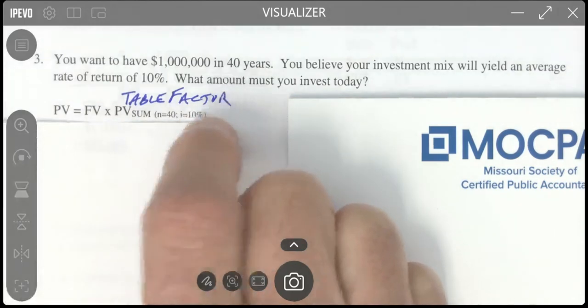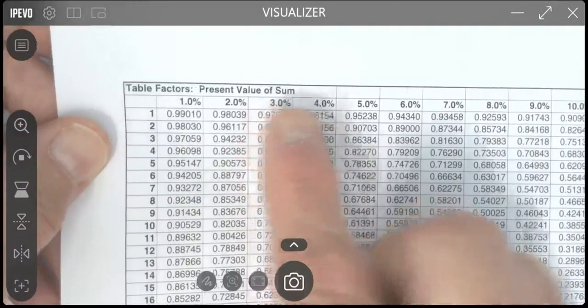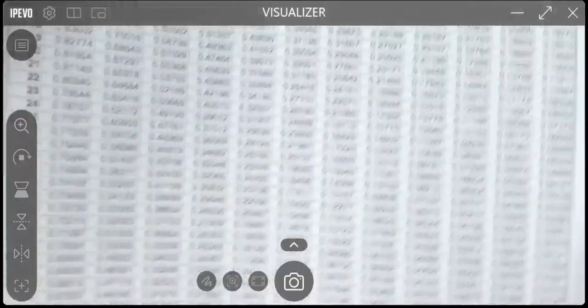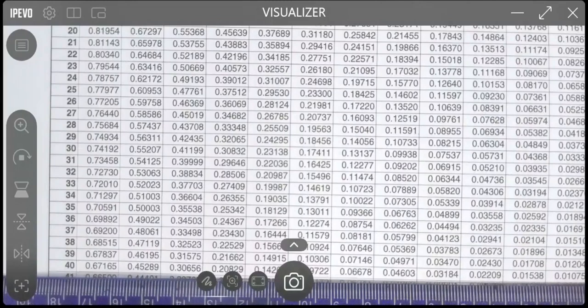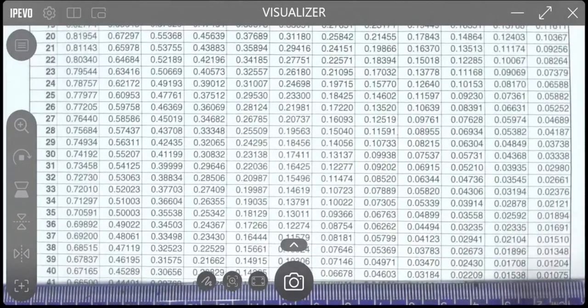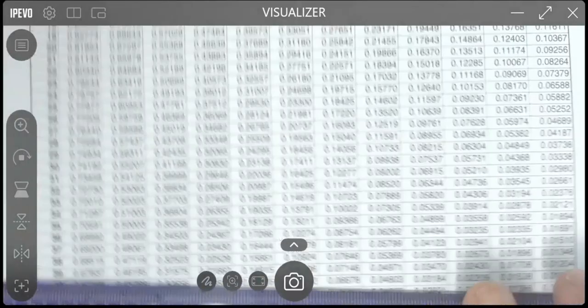Okay, once again, we go to the present value of a sum table, and we know this 10% is the third last column. So let's follow our eyes down to the 40 row, and that third column is 0.02209.